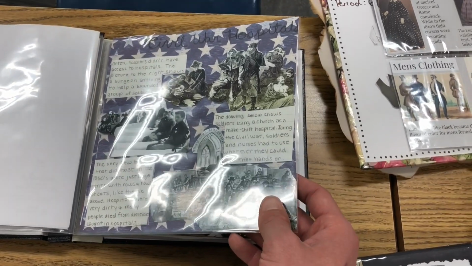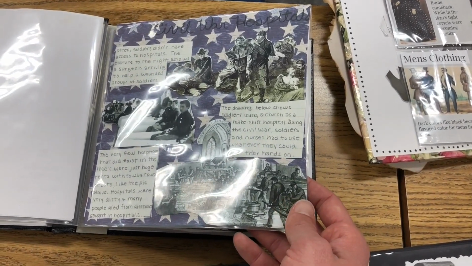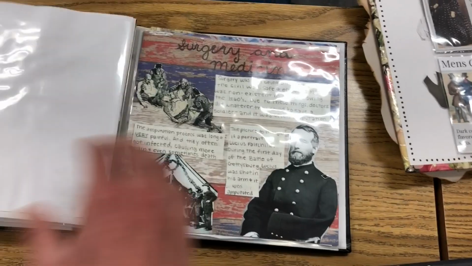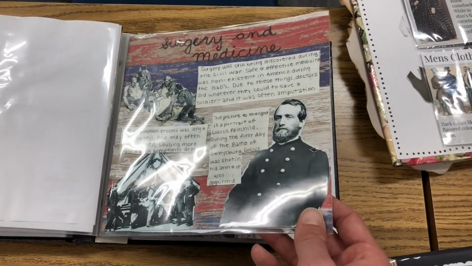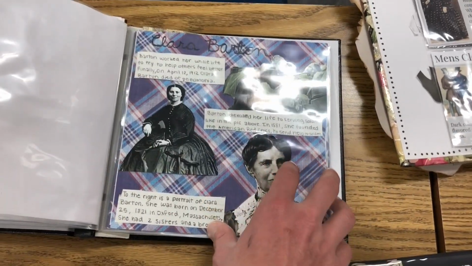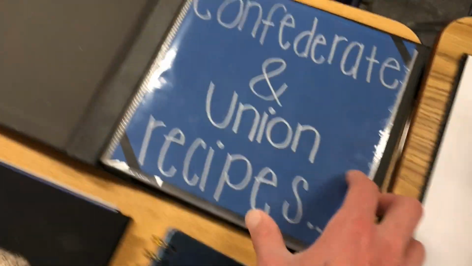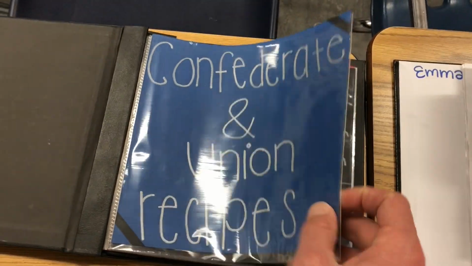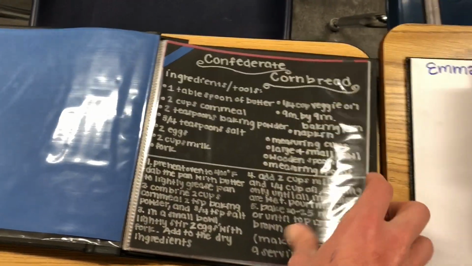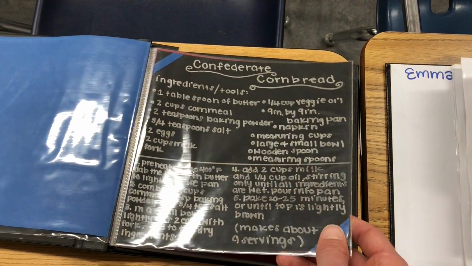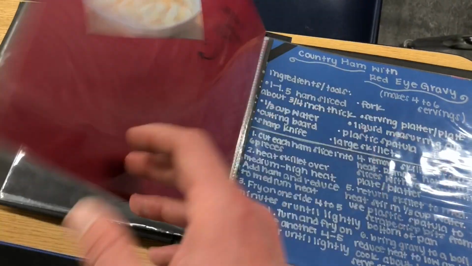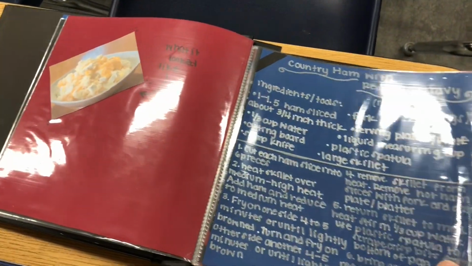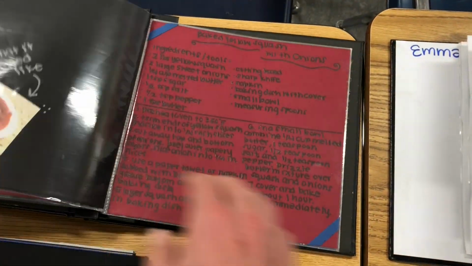You can see she has 3 pictures, 3 little notes on each one, following the rubric that I have provided. I have one of the Pacesetters here, and they did a cookbook of sorts. They did food, and so they have some of the different recipes. They've got pictures. Need a few more pictures, not enough on this one, but nonetheless, still quality.